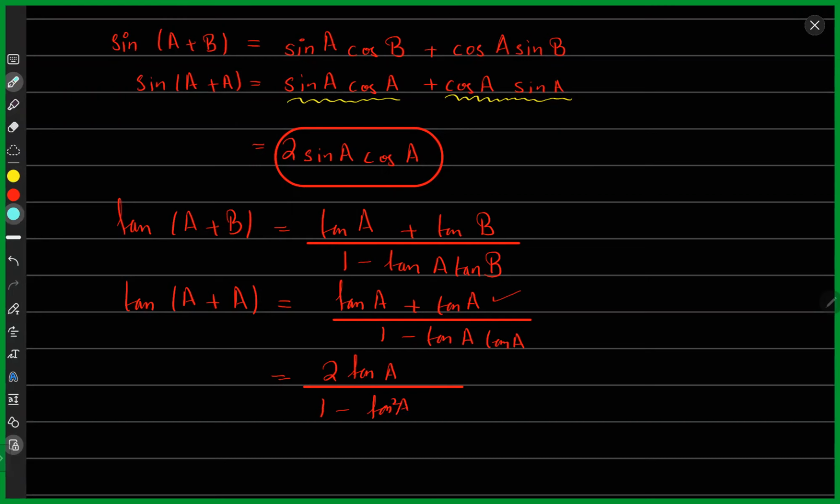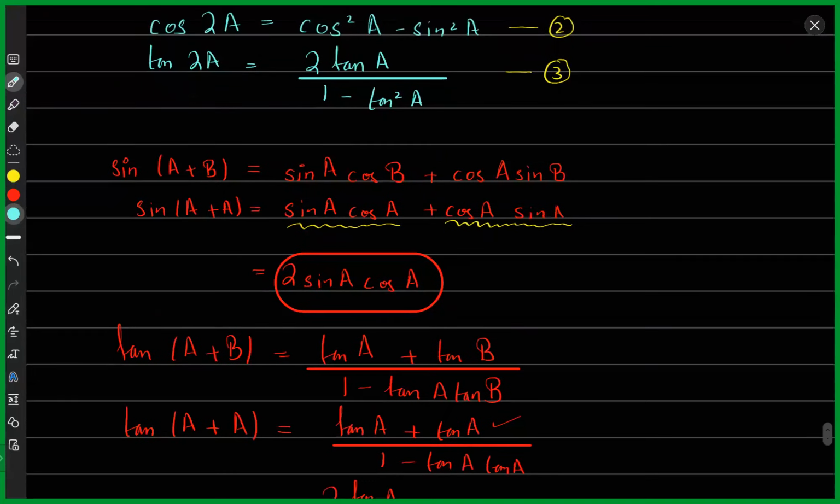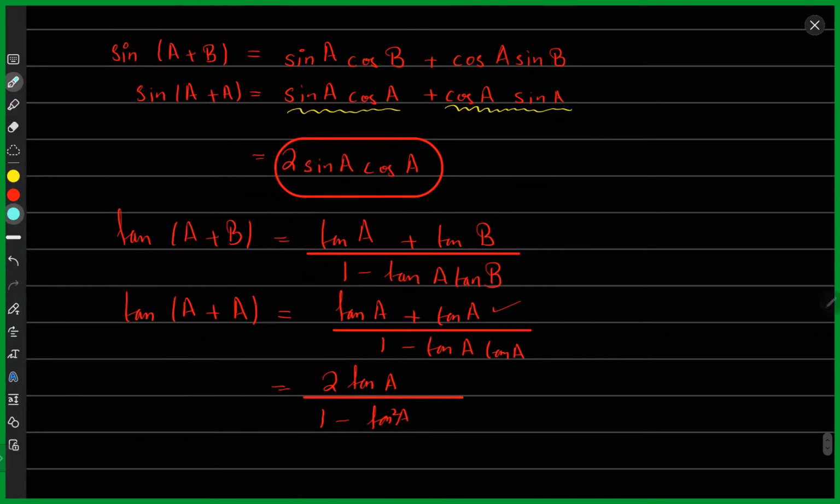So this is what exactly we wanted to prove. Tan 2a is equal to 2 tan a divided by 1 minus tan square a. So I know that this is going to be tan 2a, and I got the exact same thing. So this was just done to prove some of these double angle identities.